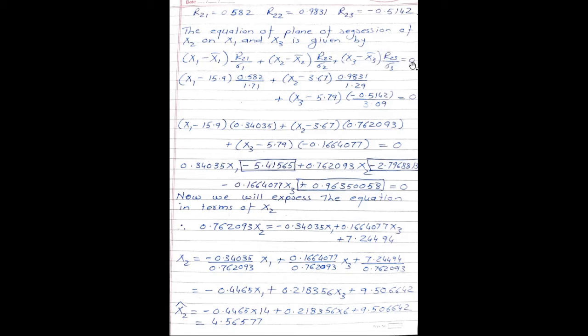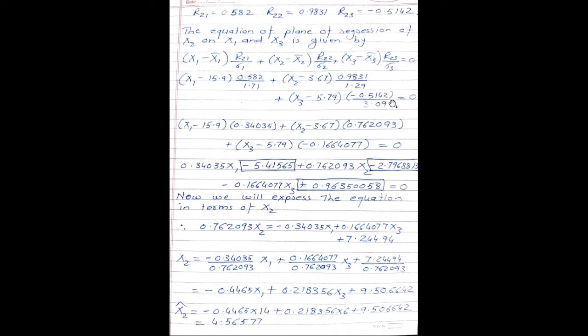Now replace all the values in the given equation. The equation becomes (x1 minus 15.9) into 0.582 divided by 1.71 plus (x2 minus 3.67) into 0.9831 divided by 1.29 plus (x3 minus 5.79) into minus 0.5142 divided by 3.09 is equal to 0.